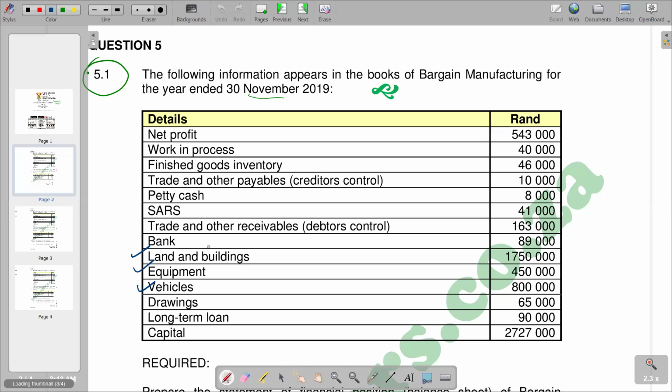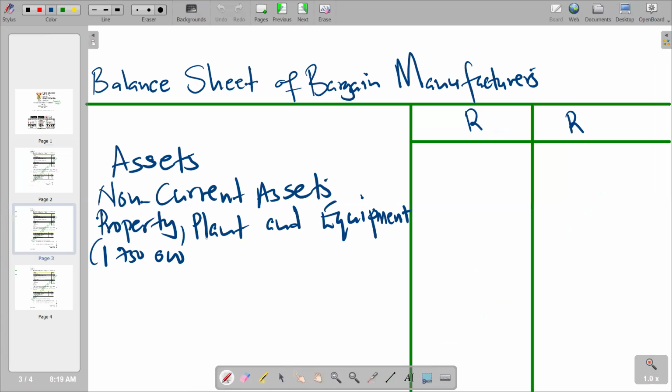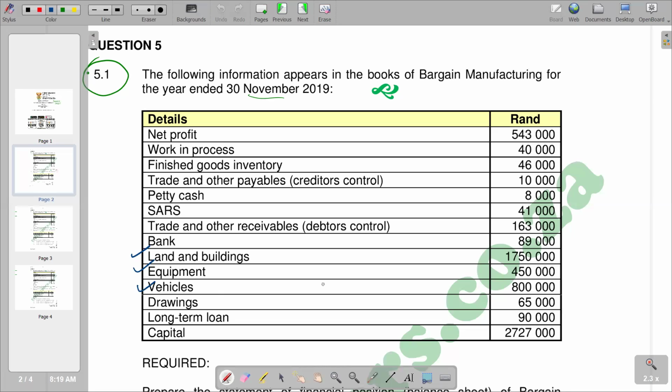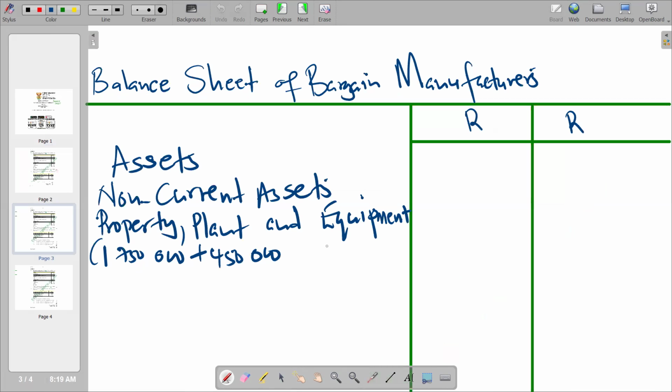And then we add the equipment, which is 450,000. And then we add vehicles, 800,000. So after adding, we see that our total becomes 3 million, as our total for property, plant, and equipment.